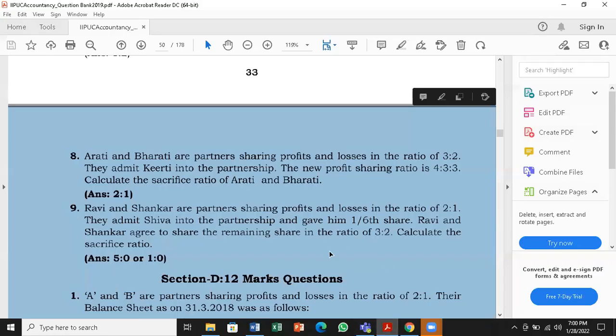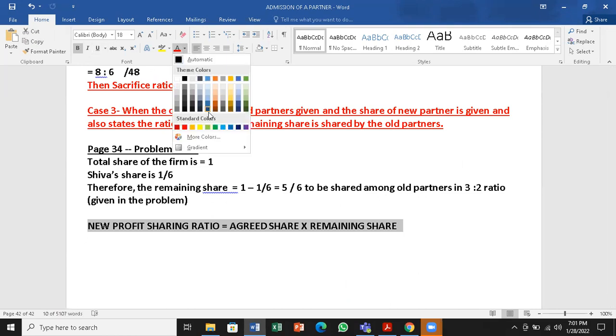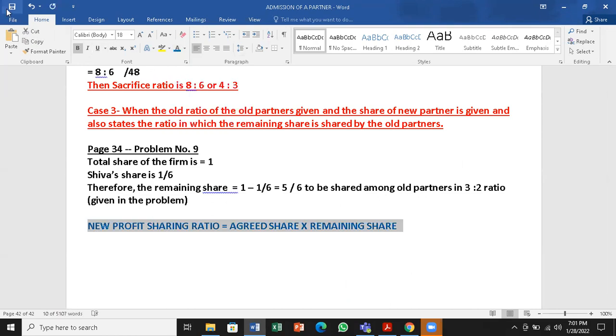Ravi and Shankar agreed to share the remaining share in the ratio of 3:2. First, I have found the remaining share, that is 5/6. Now we go for calculation of the new profit sharing ratio.